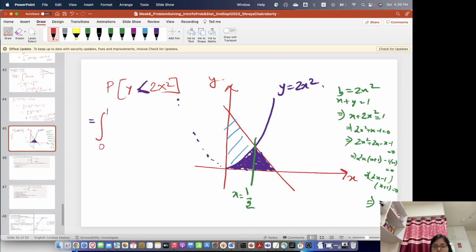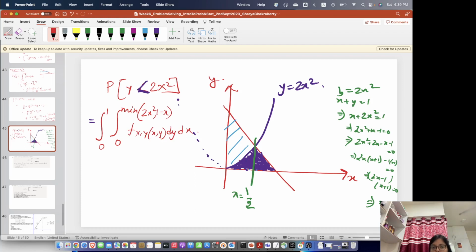Now depending on where x is falling, y can range from 0 to the minimum of 2x square or 1 minus x, f xy dy dx.